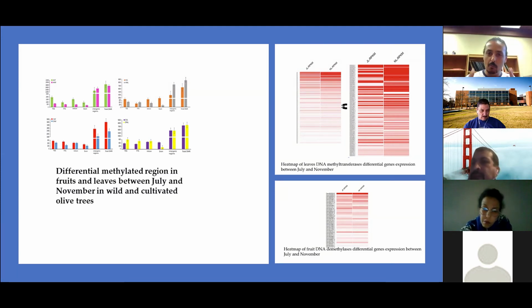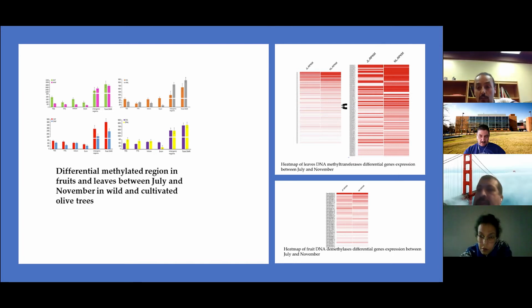Surprisingly, in olive, even being a non-climacteric fruit, we saw a hypomethylation during the fruit ripening, which is against everything that we've been told, but there are just few studies. And then a study on strawberry, another non-climacteric fruit, had just been published.